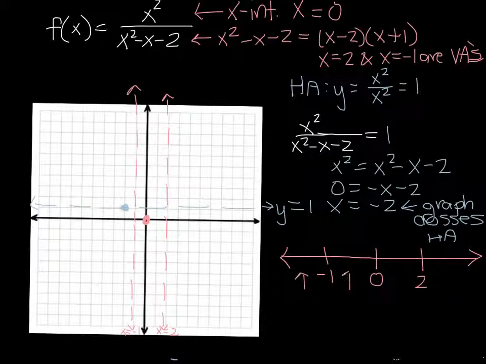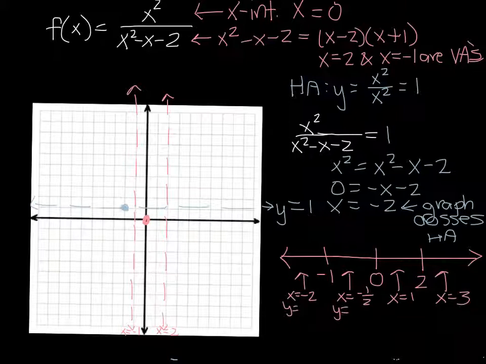We test values in between each of these intervals to determine the behavior of the graph. Let's do x is equal to -2, x is equal to -1/2, x is equal to 1, and x is equal to 3. Just like before, we want to look at what the y values are.